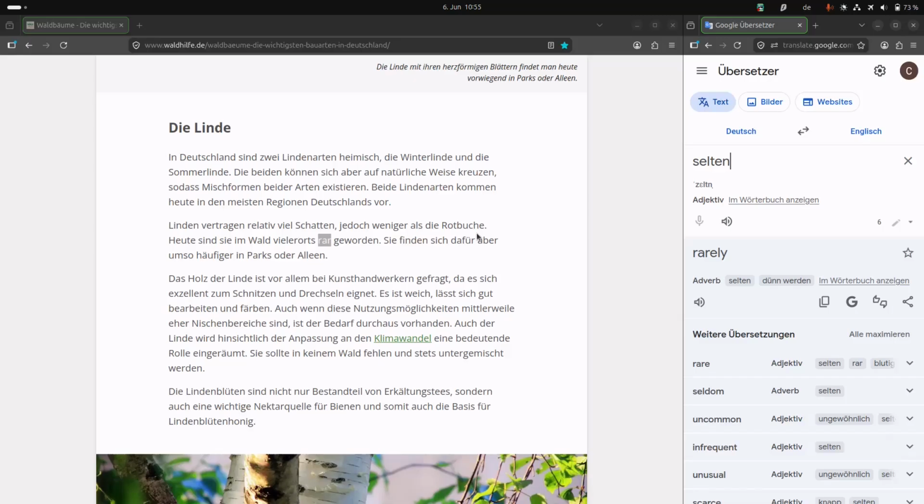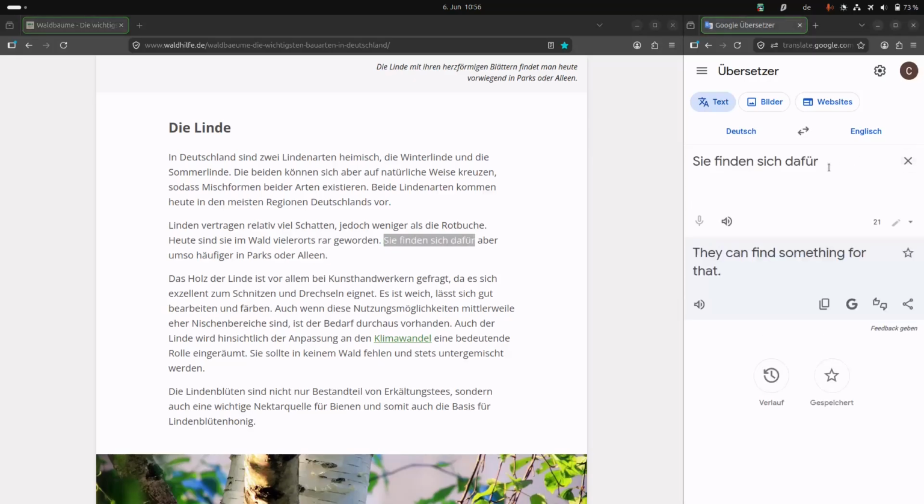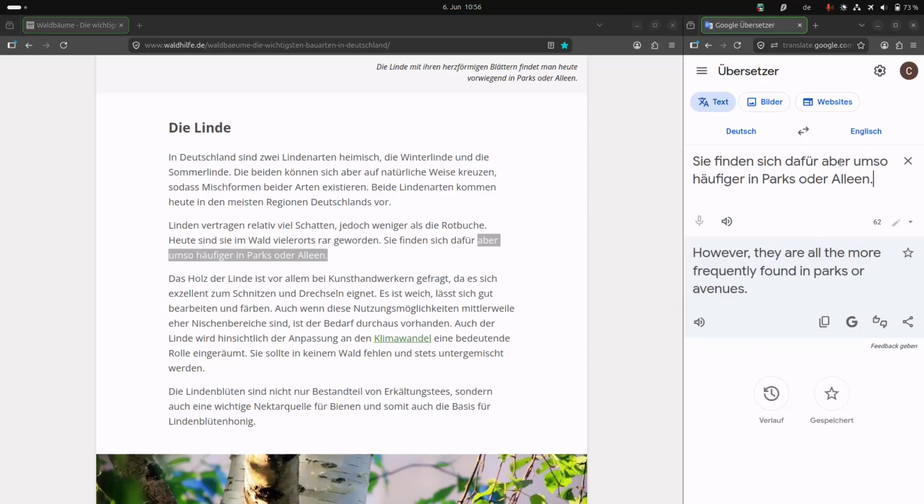They find themselves, I don't know, let me just translate that whole sentence. Aber is kind of more like however, so kind of similar to jedoch, which is used here.